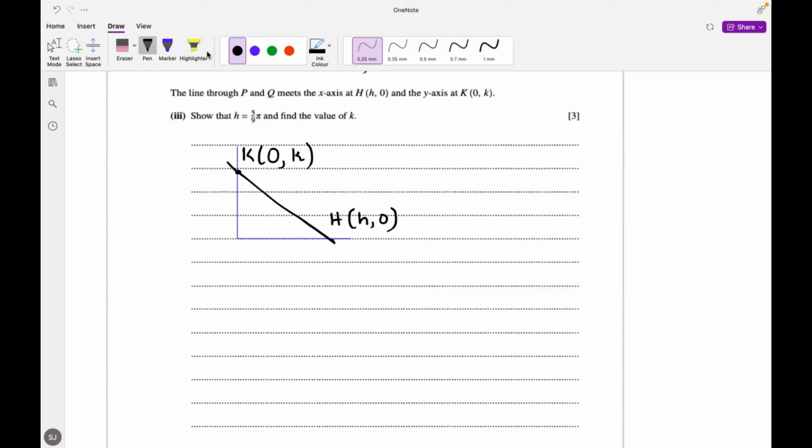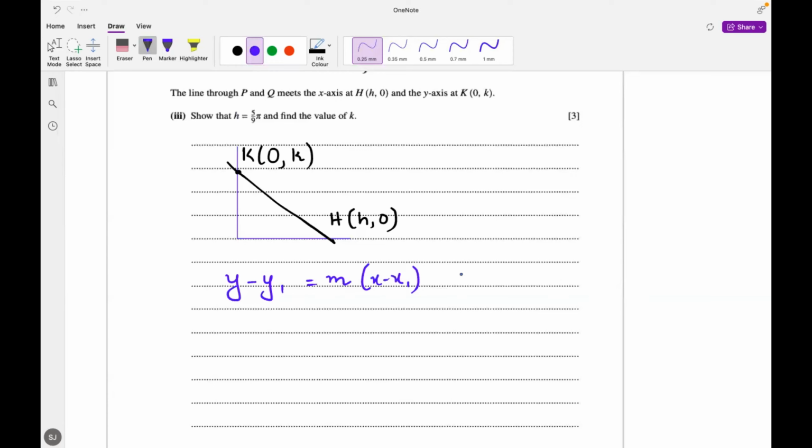Now to find these values, first we need to find the equation of this line. We know that the line passes through the points P and Q. So we can use the equation y minus y1 equals m into x minus x1 to first find the equation. Once we have found the equation, we can just substitute the values of h and k. So for h, we'll substitute y equals 0 to get the h value. And for point k, we'll substitute x equals 0 to get the k value.